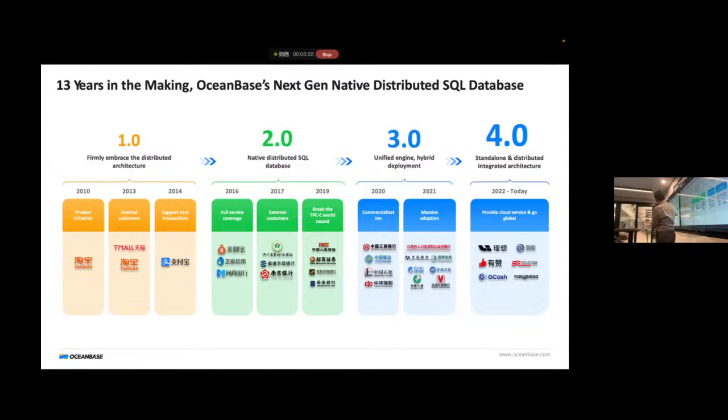Then, once we go towards 2020 onwards, Ant Group decided, okay, this is a valuable technology that we really want to introduce to the world. We started OceanBase in 2020, and then in 2022 we started OceanBase Singapore, which is where I'm based.